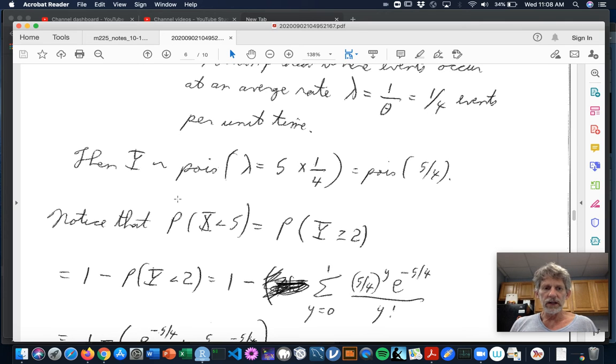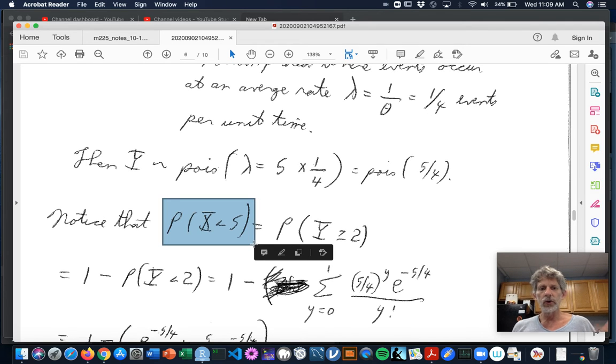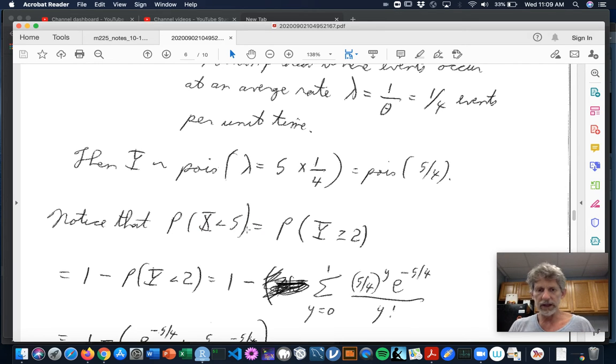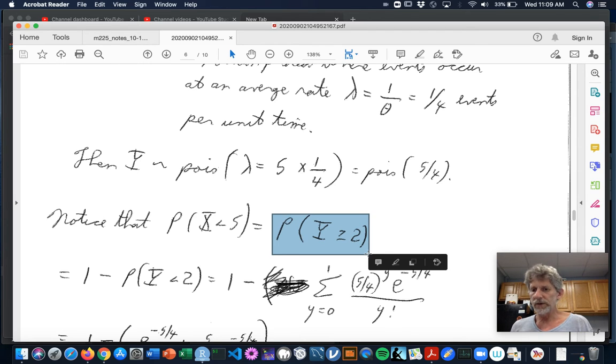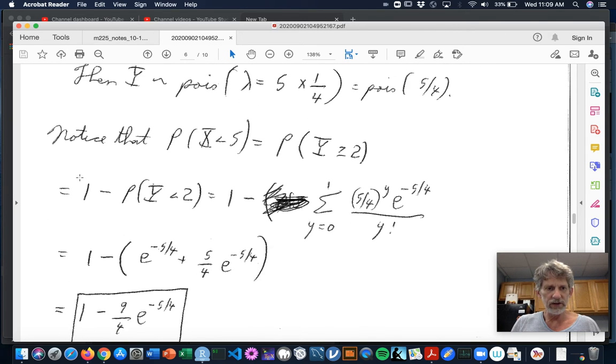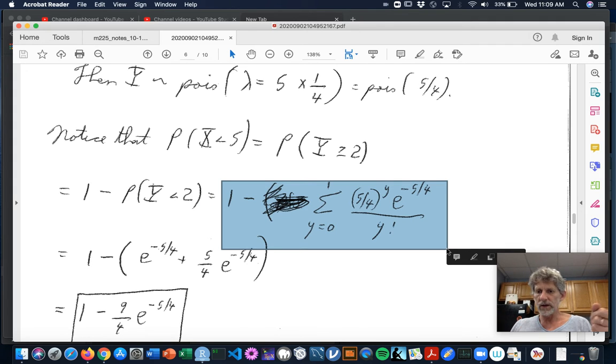And the thing is that the chance that you have to wait less than 5 time units to get your 2 successes, that's the gamma thing, is the same as the chance that the number of successes in those 5 time units is at least 2. And that would be 1 minus the chance that it's less than 2, 1 minus a very simple sum, just 2 terms in that sum for the Poisson PMF.